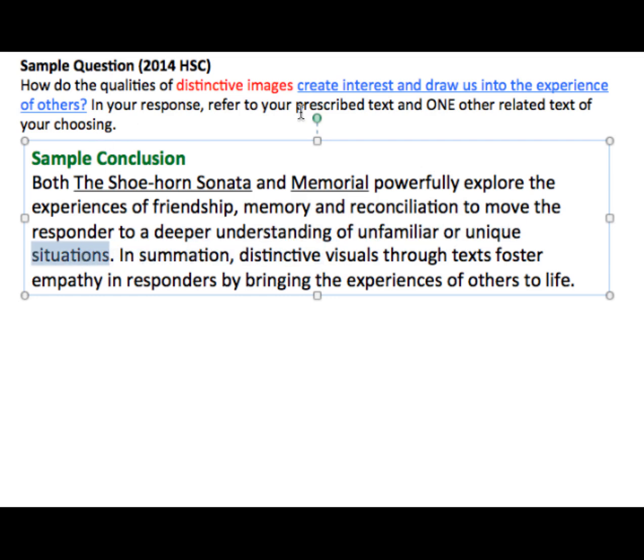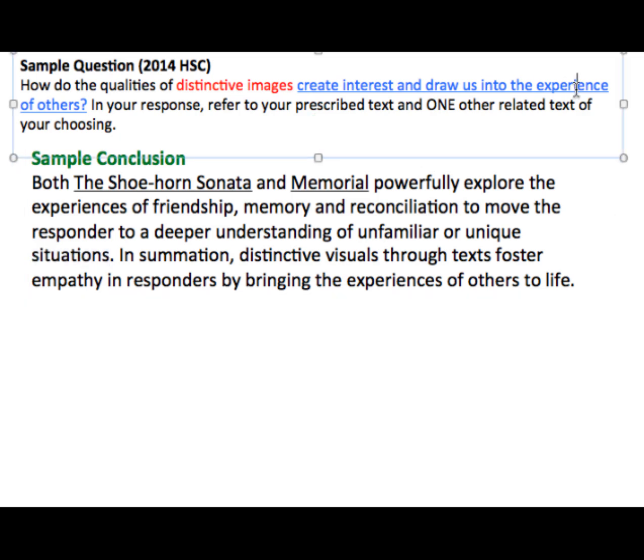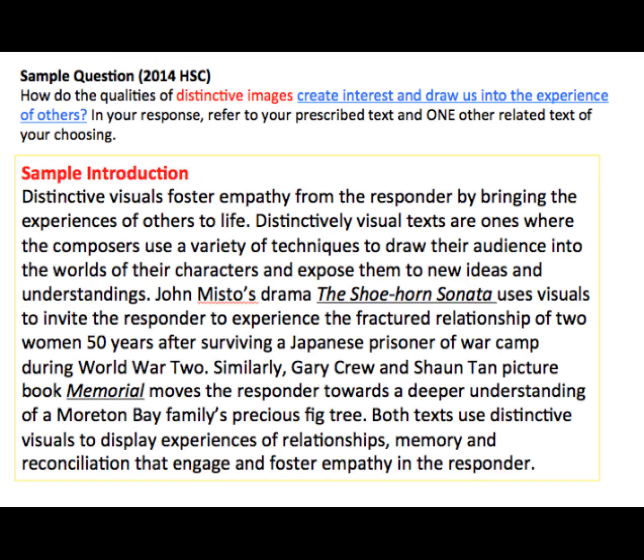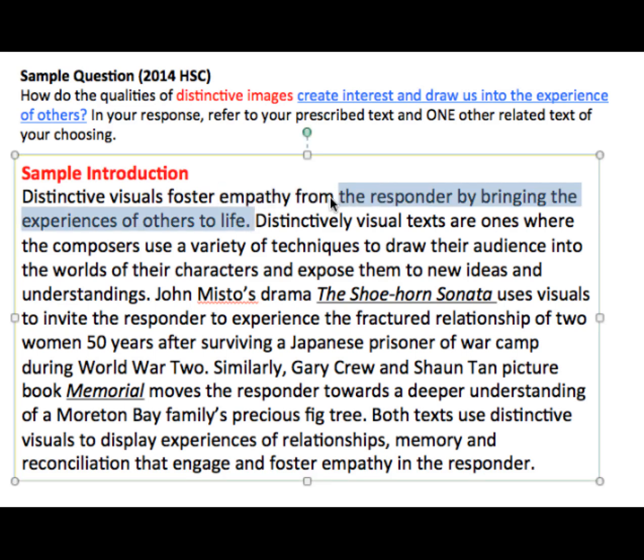Here, situations is a synonym of experience of others. And then finally, using a text connective in summation, distinctive visuals through text foster empathy in responders by bringing the experience of others to life. This is basically word for word from my introduction, just because I wanted to quickly restate the thesis there.